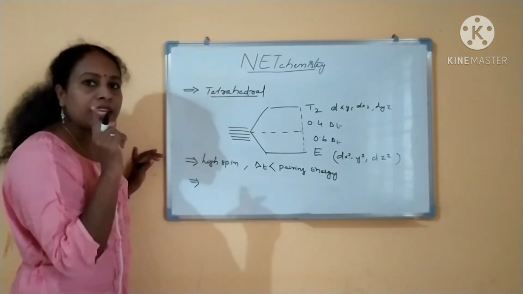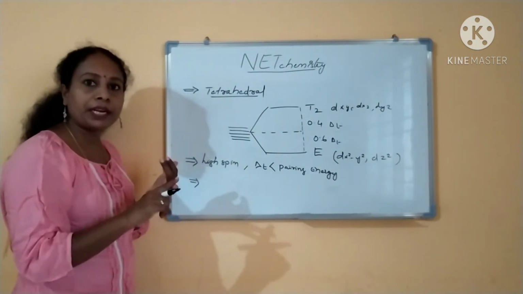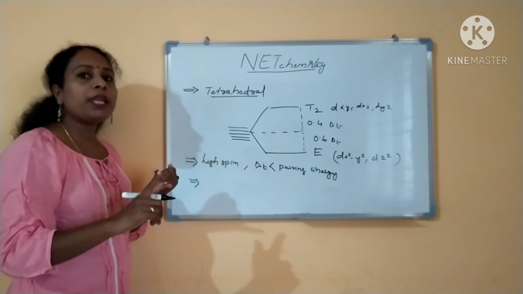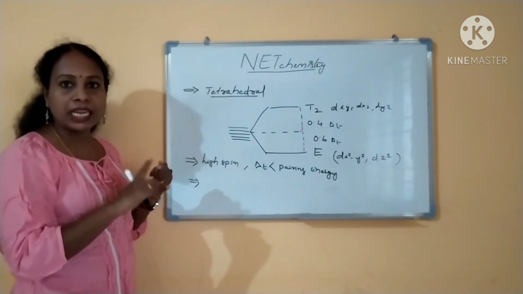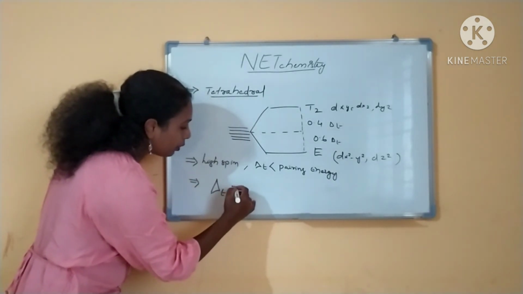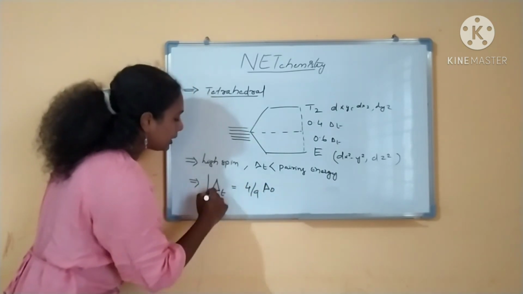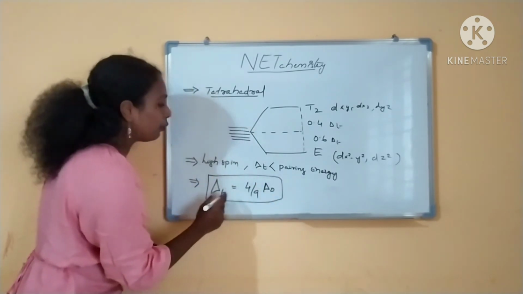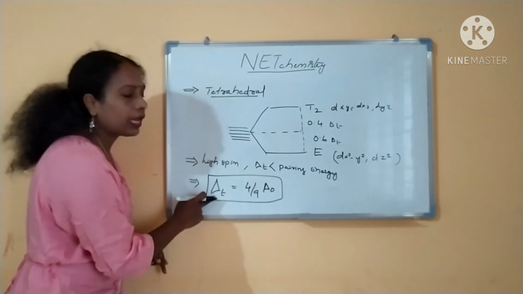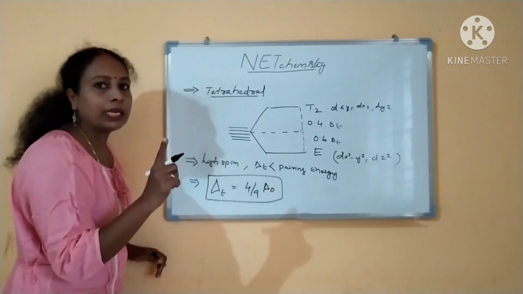And if you have an octahedral and a tetrahedral complex with the same metal and same ligands, then delta T is related to delta O by 4/9 delta O. This is the equation to calculate. If you have the delta O value, you can calculate delta T. The condition is that the same ligand and same metal ion should be there.